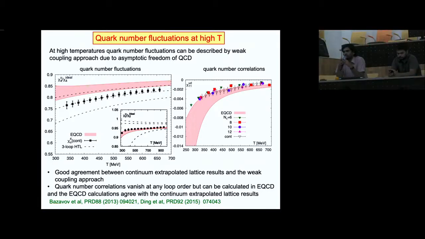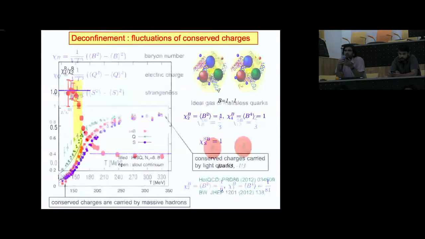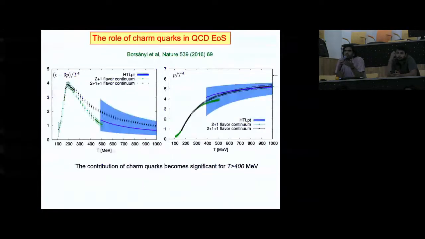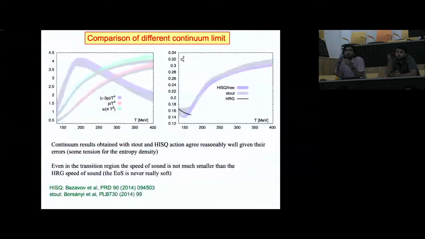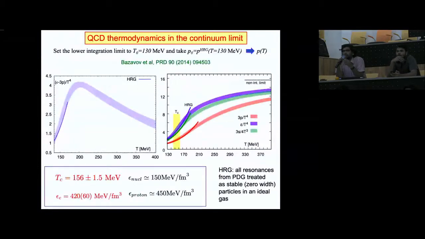When we plot the energy density by T to the power 4, P by T to the power 4, any plots of energy density by T to the power 4 or P by T to the power 4, you have said those are for more than one flavor.